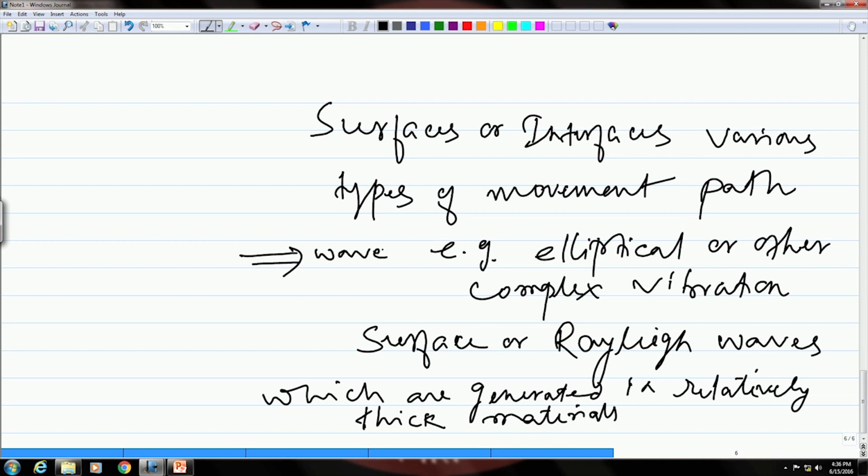So, you can have a particle movement path like this, like in an elliptical path as I said. So, this will be the movement of the particles, and through this kind of movement you will generate a motion for the waves in the horizontal direction. Okay. So, this kind of waves which are generated at surfaces or interfaces in thick materials, they are known as surface or Rayleigh waves.